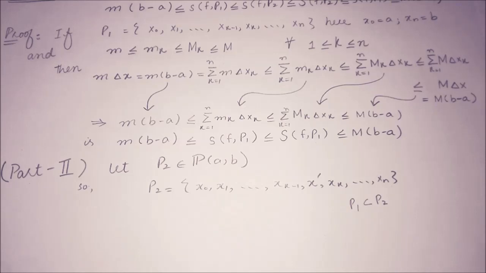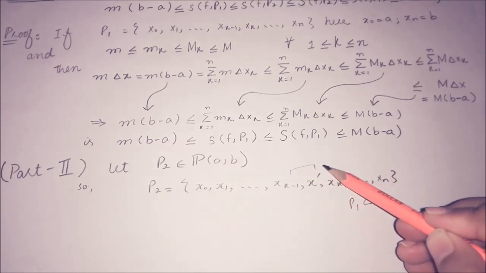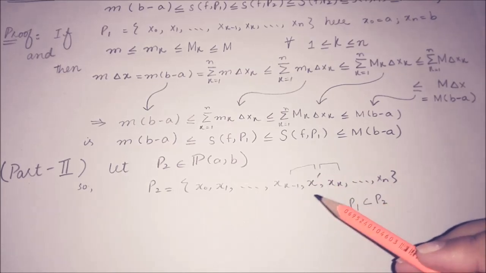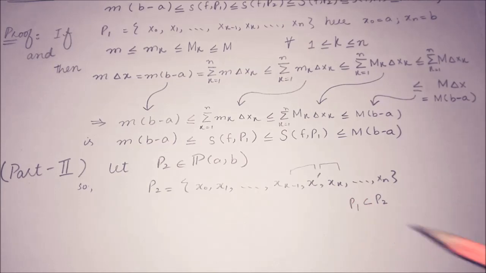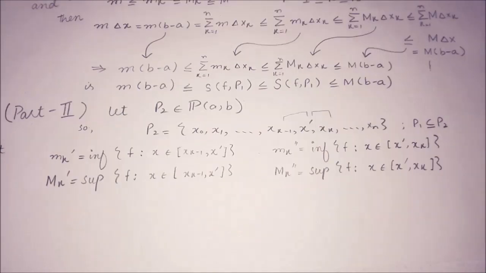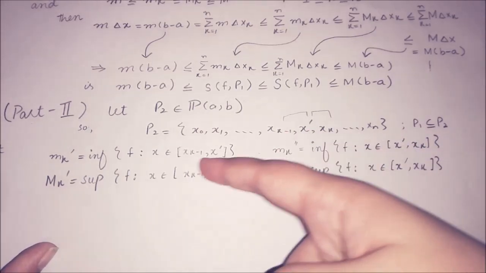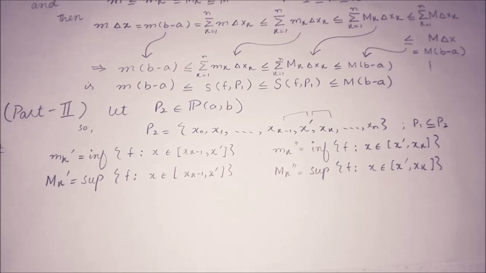Now for this we will talk about the supremum and the infimum of the function on a certain interval, when we're taking the values at xk minus 1 and x dash, and when we're taking the values at x dash and xk. So let's write the notation. When we're taking elements from the interval xk minus 1 to x prime, the endpoints are also included.